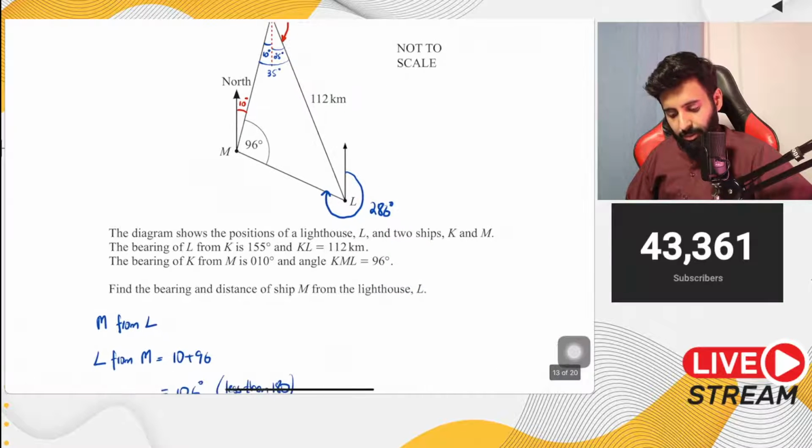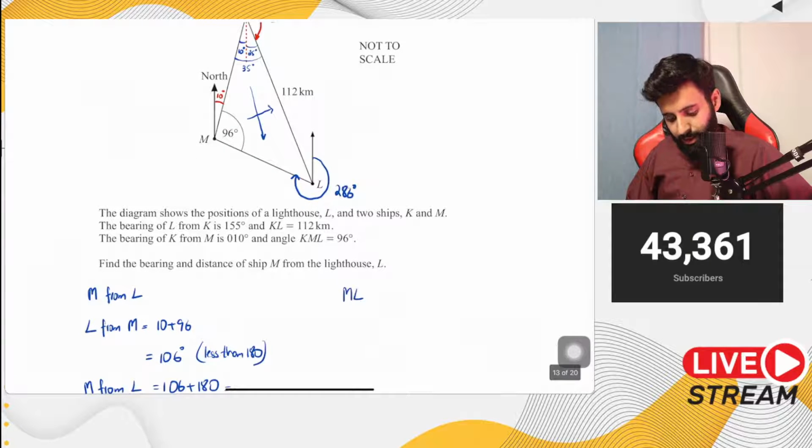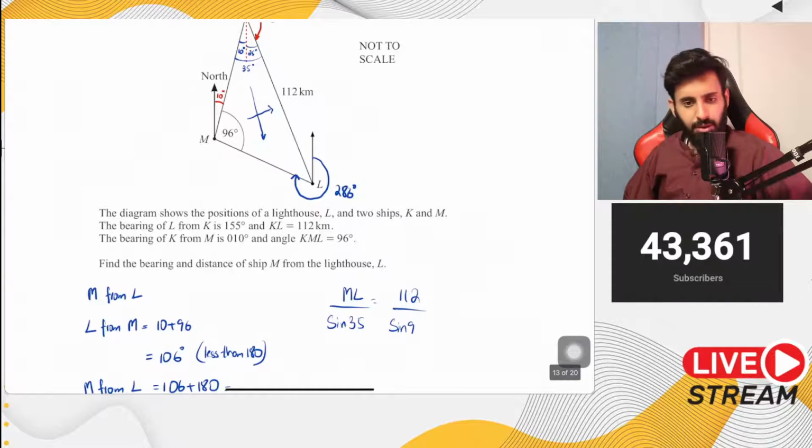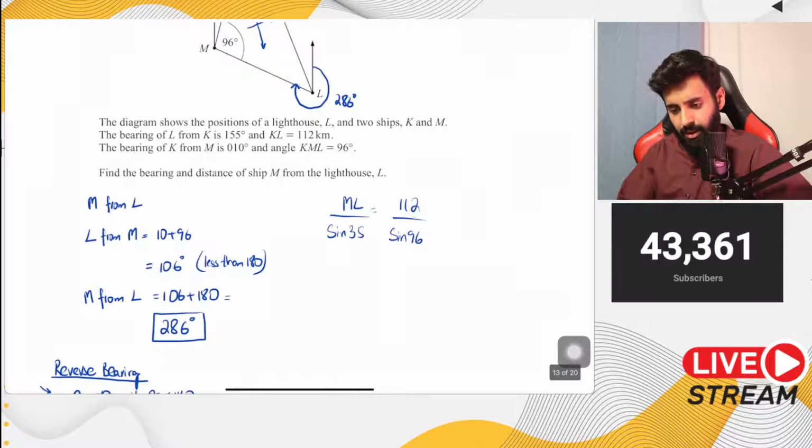I have enough information to use sine rule. I have an angle and the length opposite to it. I have another angle and I need to find the length opposite to it. So ML over sine 35 equals 112 over sine 96. Always try to keep the unknown as your numerator. So let's work this out: 112 divided by sine 96 times sine 35.